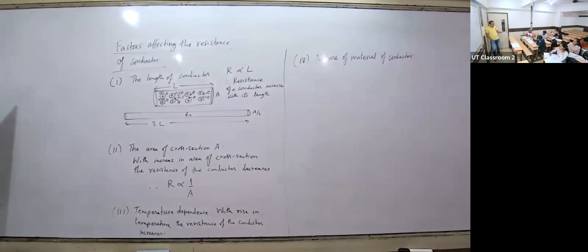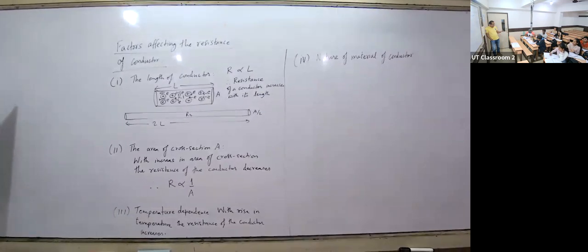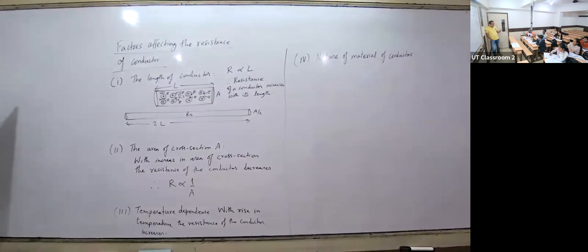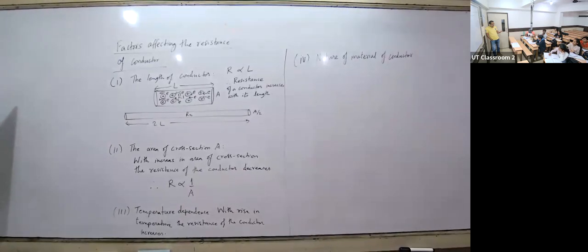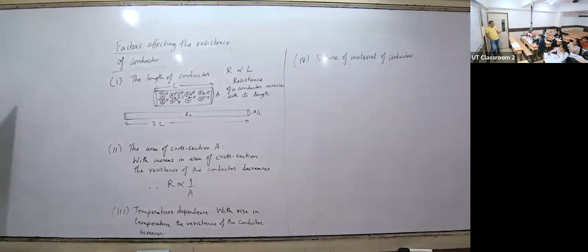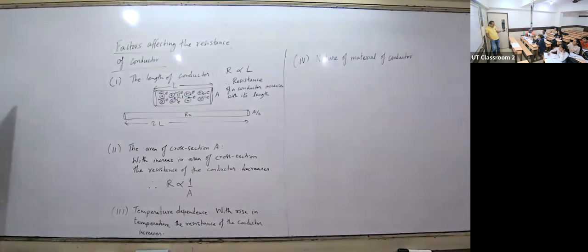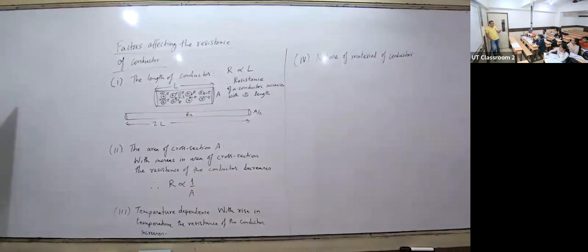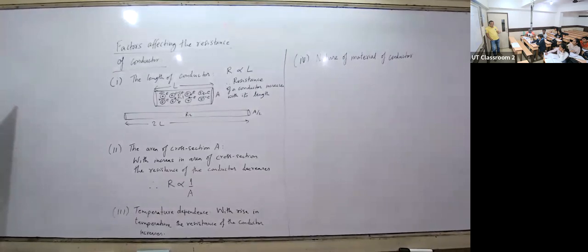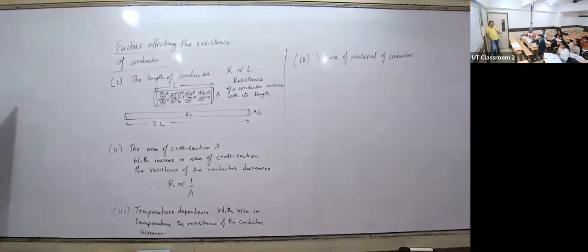Some substances are good conductors of electricity, some are bad. So what's the difference? What is a good conductor? What is a bad conductor? A good conductor is one through which electric current passes easily. So what is electric current? Therefore it should have more free electrons, right? Metals are good conductors. That means all metals are basically good conductors, so they have low resistance. And non-metals are bad conductors, so they will have high resistance.